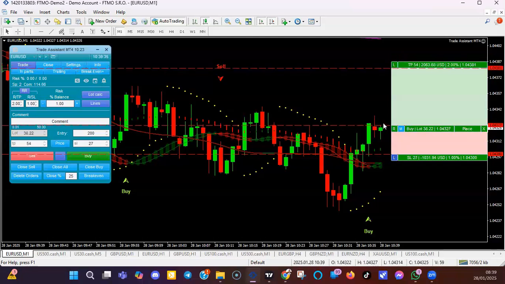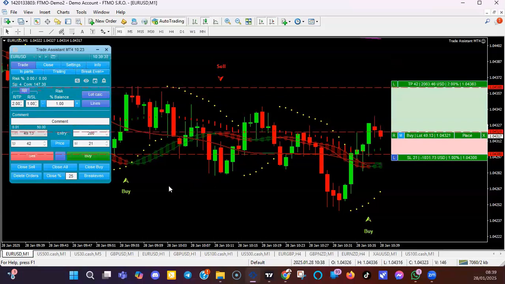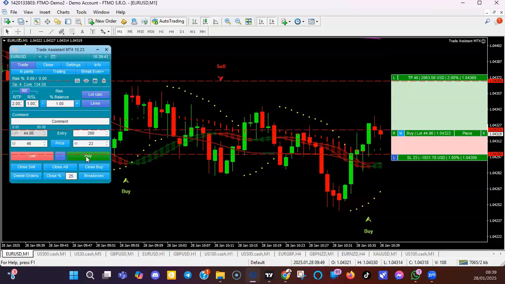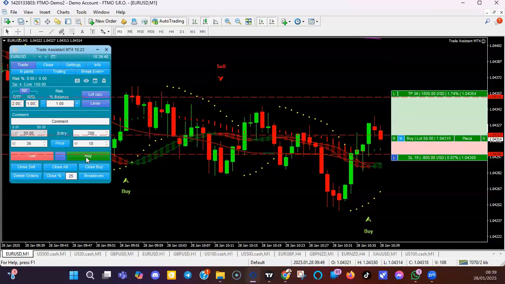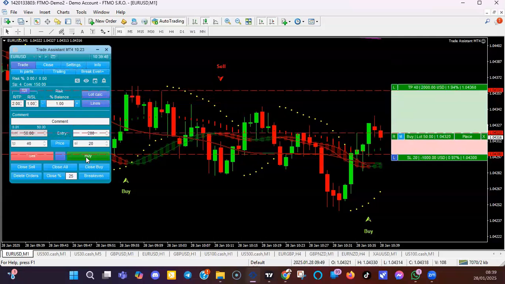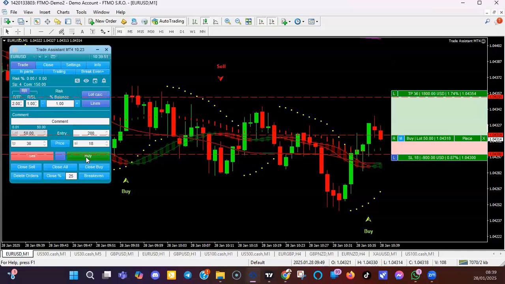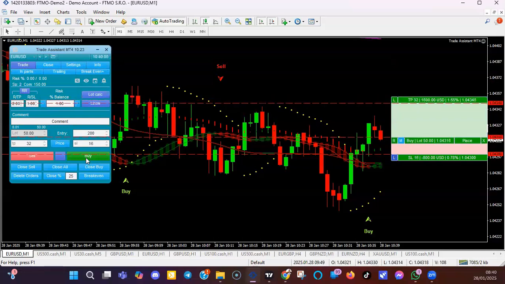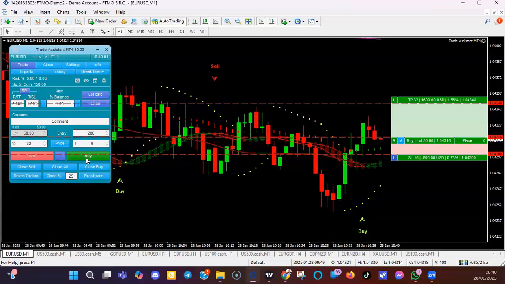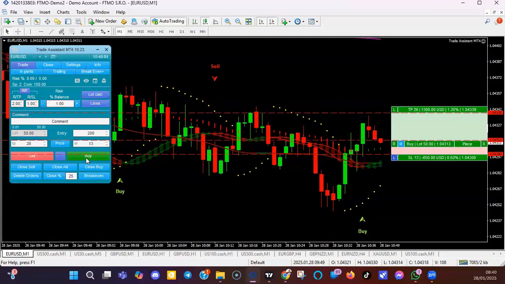Now I'll be looking for price to definitely get above there. Continue on the buy if it does. And hopefully by then enough volume will kick in to carry me on towards my 2%.